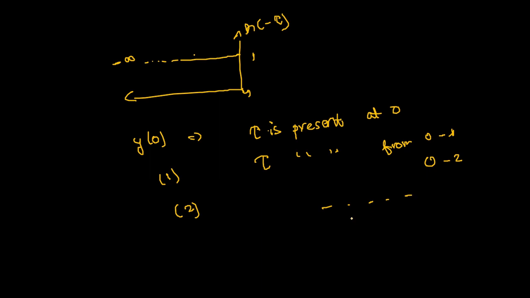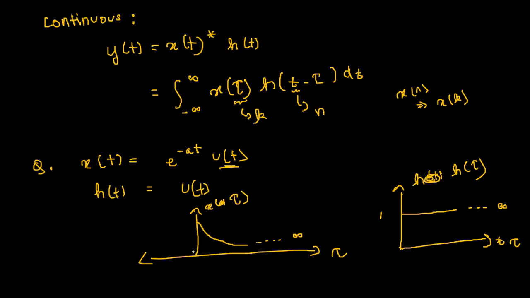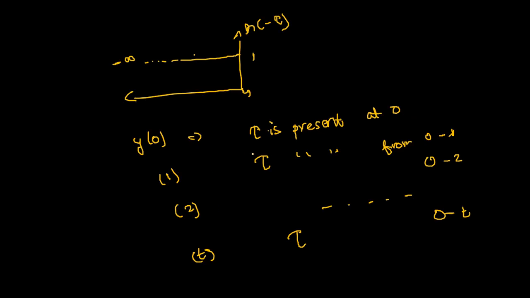So similarly, you go on writing this till t itself. So for that, tau will be present from 0 to t. All right. So this is for positive values of n. Okay. What if we take a negative value of n, and we shift this towards the left?